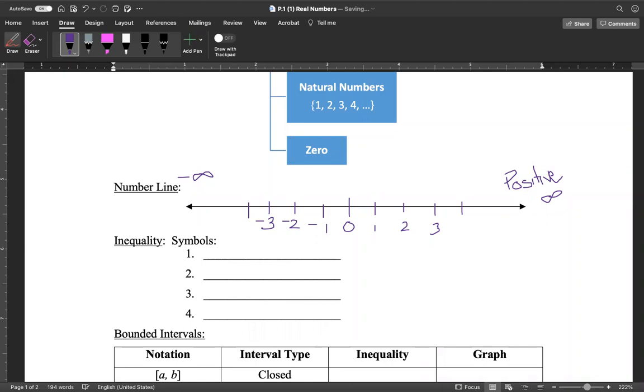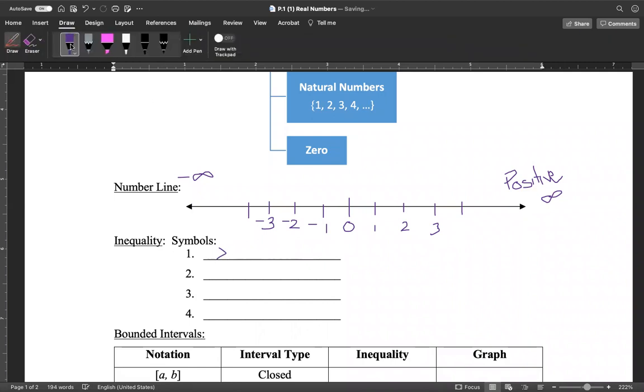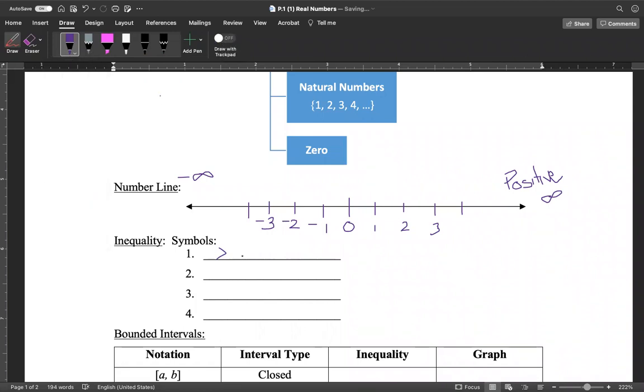All right, and now we're going to look at inequality symbols. Okay, so inequality symbols, remember there are 4 of them. So here we have greater than. Okay, so write out the word greater than. Then we also have less than. Again, please write those out.